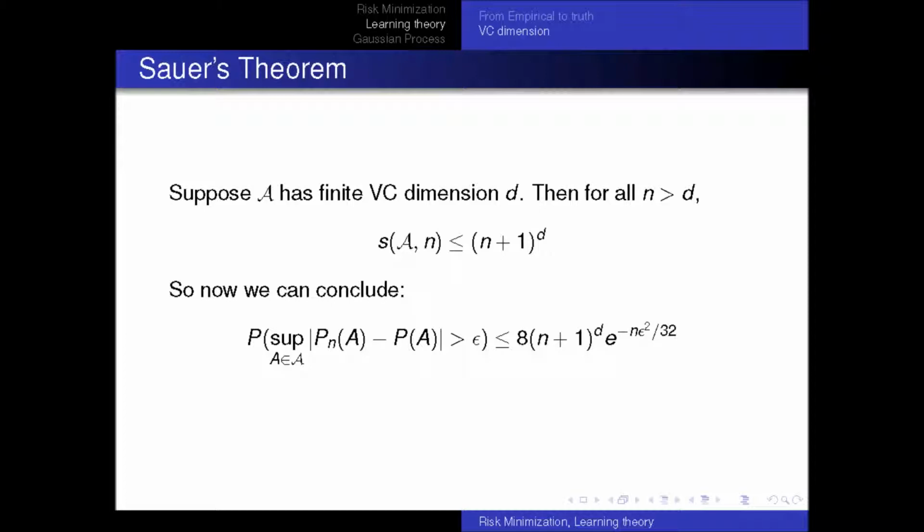The procedure of computing a VC dimension is: first you have 1, 2, up to n points, and you try to shatter this set of points. If you have n points you can shatter them, and if you have n plus 1 points you cannot shatter them, then the VC dimension is just n.